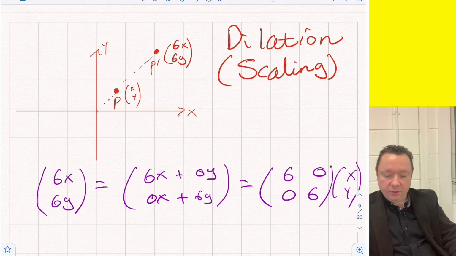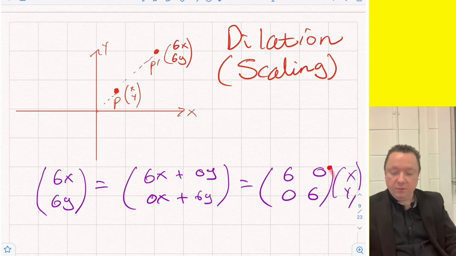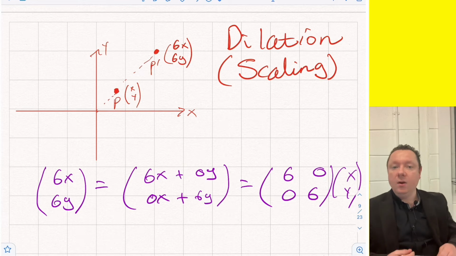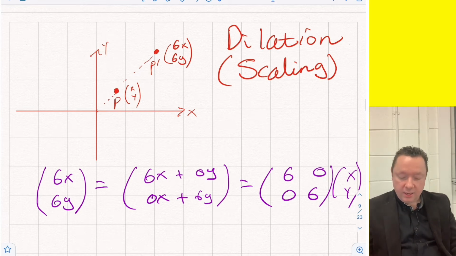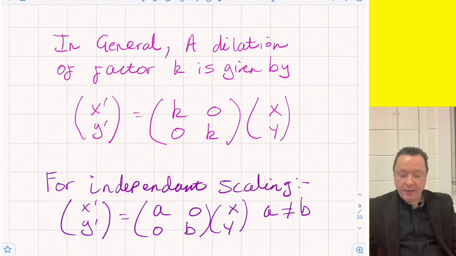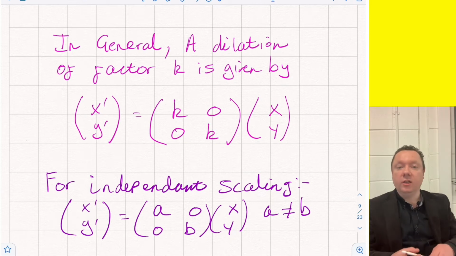So you can see here that 6, 0, 0, 6 would be the transformation matrix for a scaling of 6 in the x and y direction. In fact, in general, a dilation of a factor of k is given by x prime, y prime, our image, being k, 0, 0, k times x, y, where k, 0, 0, k is our transformation matrix.